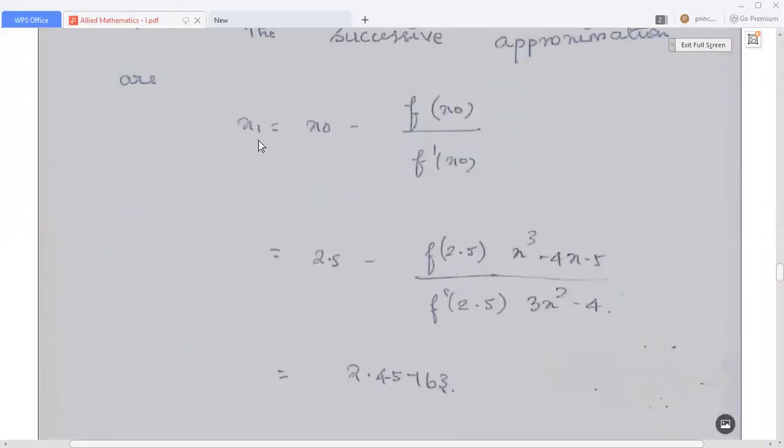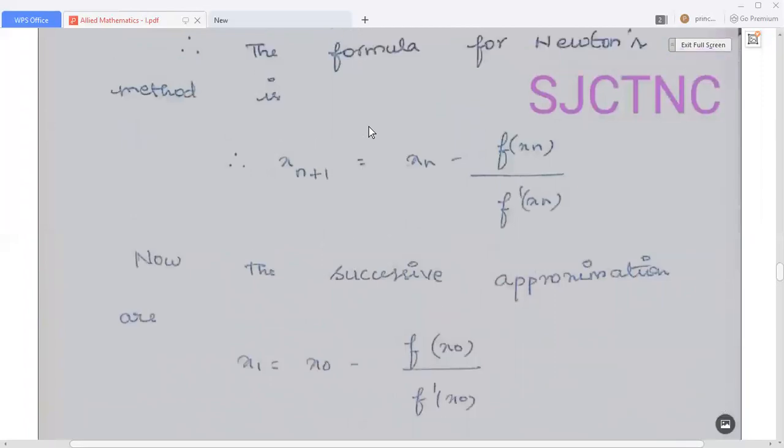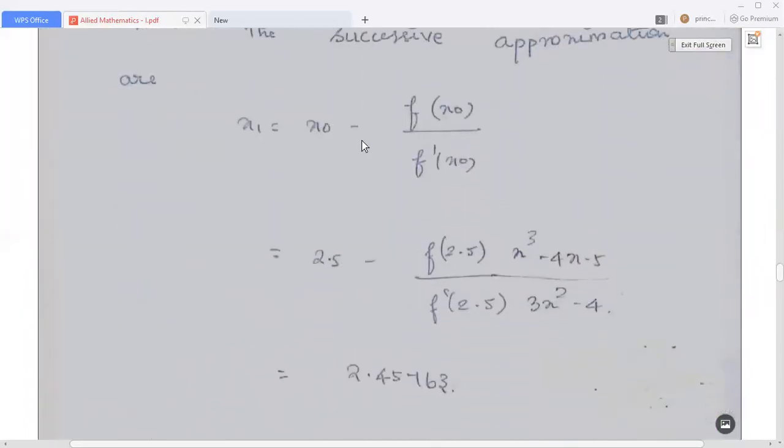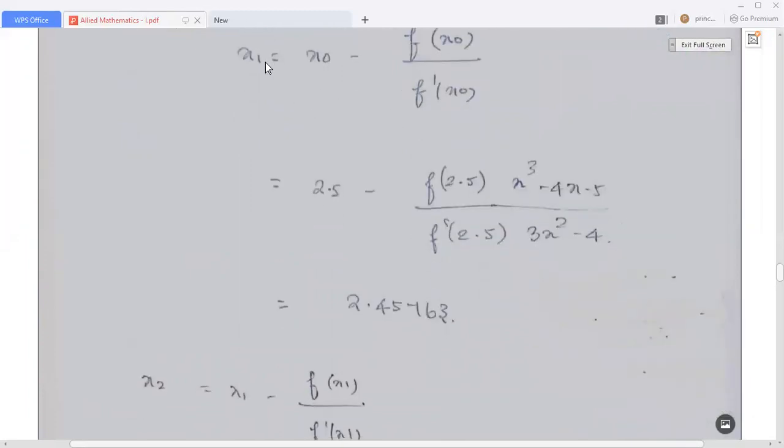The successive approximations are x1 is equal to x0 minus f of x0 by f dash of x0. Now we can substitute the value x0 in this expression. So here x0 is 2.5. When you substitute x0 value in this expression, we calculate x1.